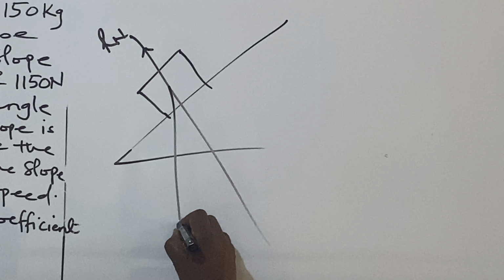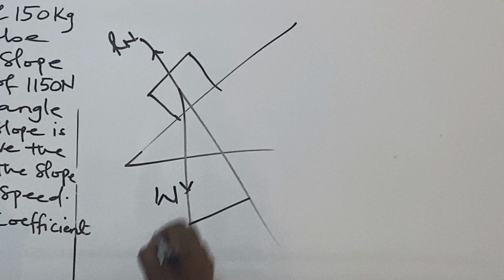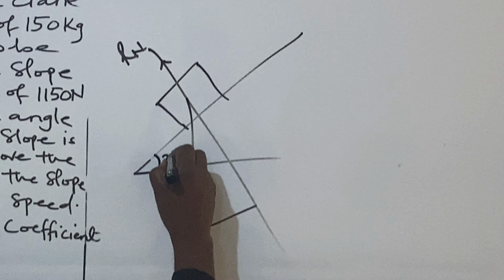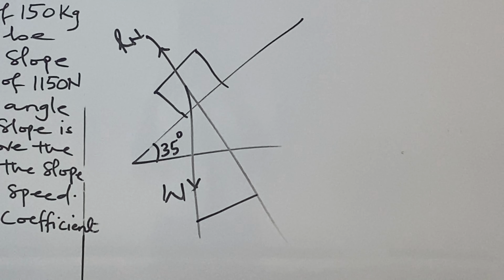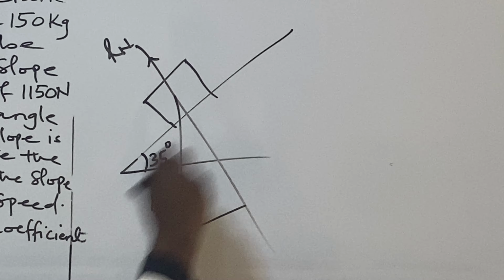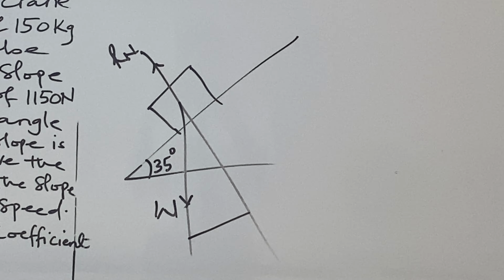If I call the weight W, mark you, the angle is 35 degrees. Now, the force will be trying to pull the gear case upwards.